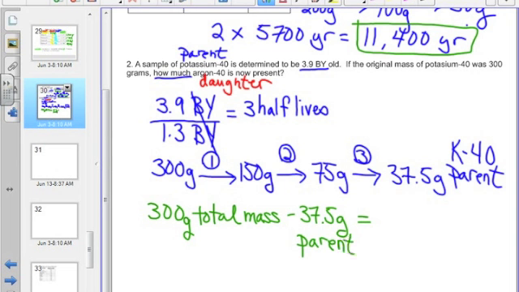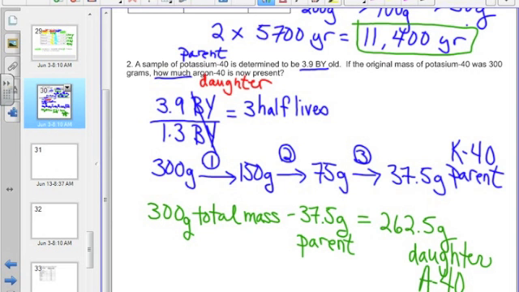And what is left over when we take 300 grams minus 37.5, we are left with 262.5 grams, and that will be the daughter, and that will be the argon-40. So there's our answer. How much argon-40 is present after 3 half-lives? 262.5 grams. If you always work the parent in counting down, just remember, whatever's not parent must be daughter, and the total mass never changes.